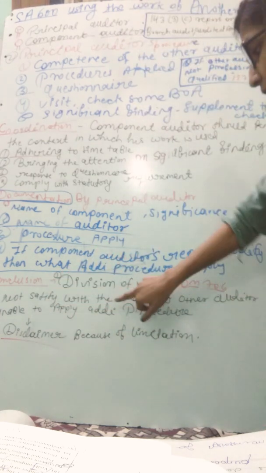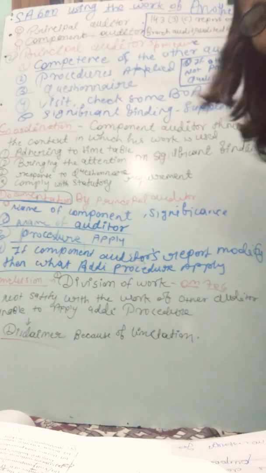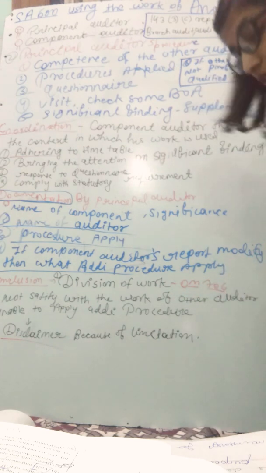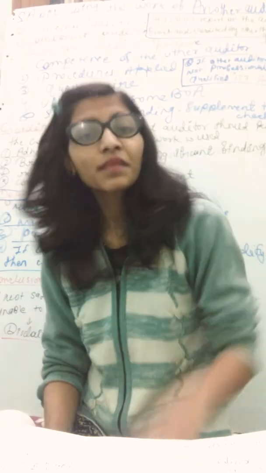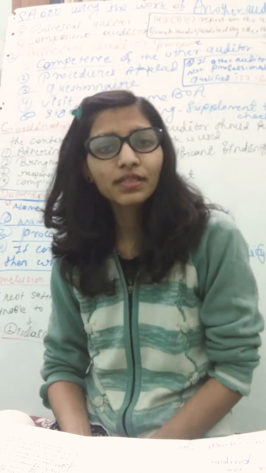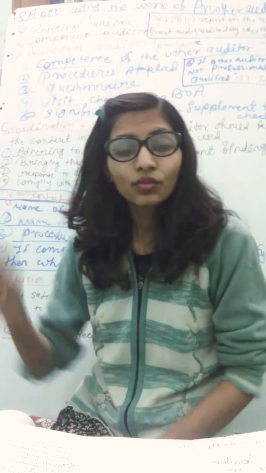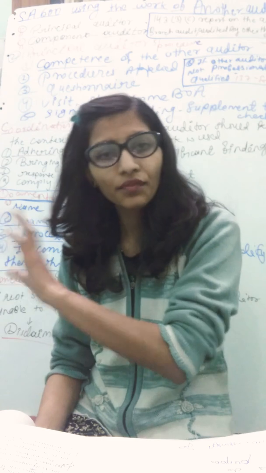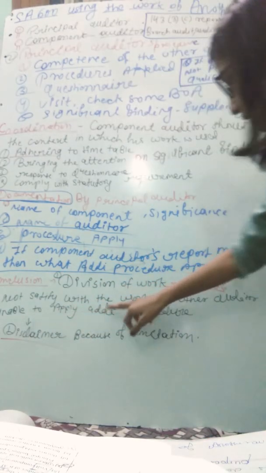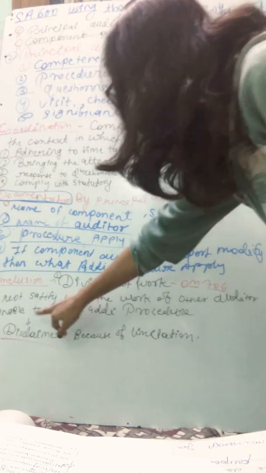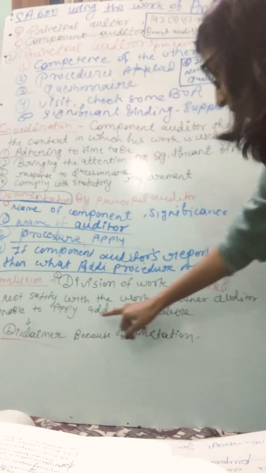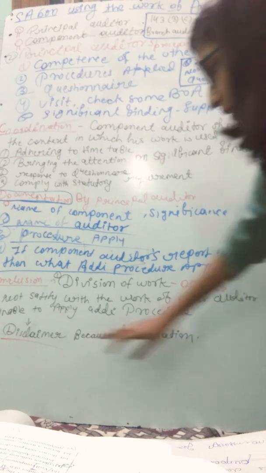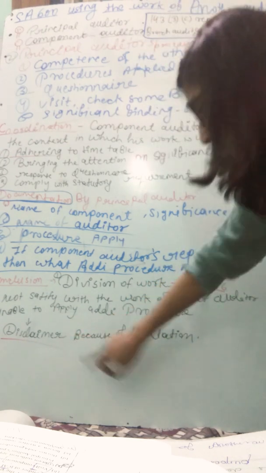On conclusion, the division of work is stated in the Other Matter paragraph as per 706: the principal auditor should write that to that extent of financial information, we use the work of the other auditor. And finally, if he is not satisfied with the work of the other auditor and is also unable to apply additional procedures, then he disclaims the opinion because of the limitation on scope.